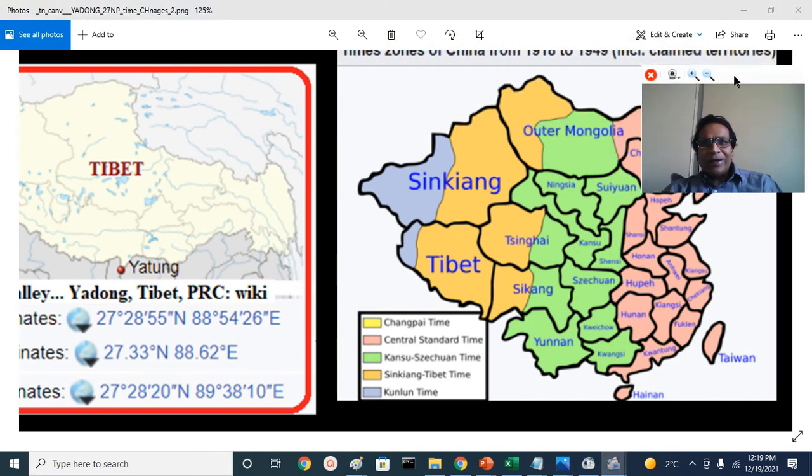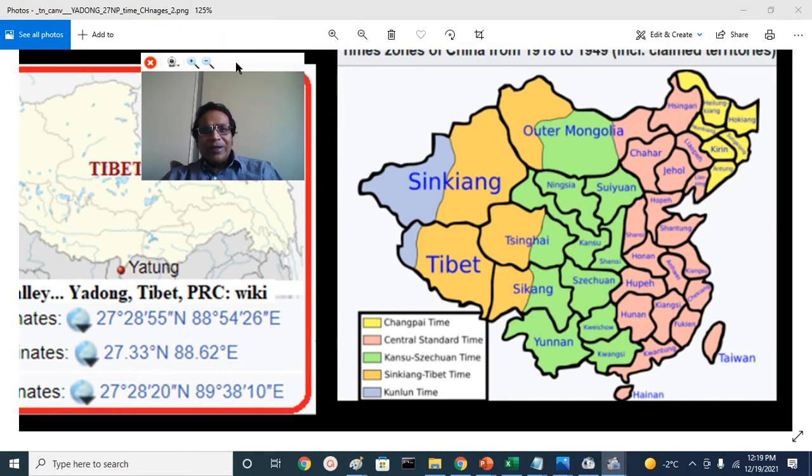Historically, China used to have 5 time zones. That is the Xinjiang and Kunlun mountain range time, the Xinjiang Tibet time zone, and Kansu and Sichuan. Sichuan is an important basin, a rice growing area in the People's Republic of China. Chengdu is the capital, that is the central part, one time zone, and Central Standard, that is Hopei, Honan, Hupeh, Hunan, and Hainan Island, Hong Kong or Guangdong region.